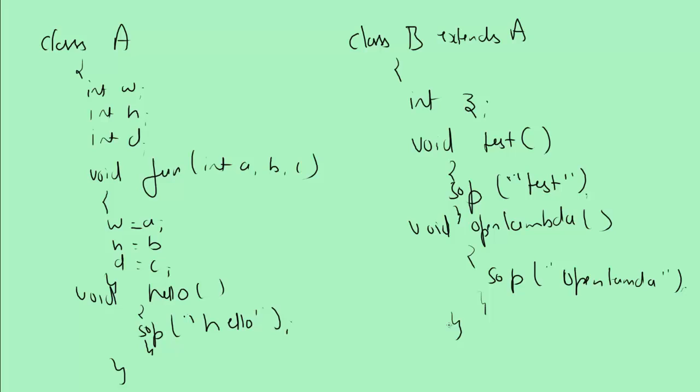So these are two different classes in relationship with each other. Class B is the subclass and class A is the superclass. Class B has some members, class A also has some members. The members of class B will not be visible to class A. That means the superclass will not have any knowledge of the subclass, but the subclass will have complete knowledge of the superclass.